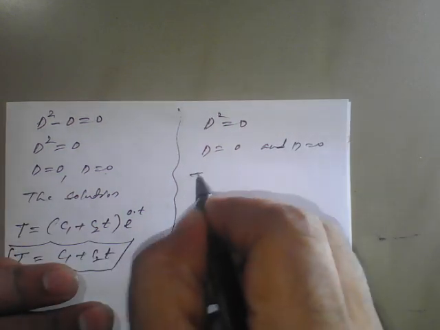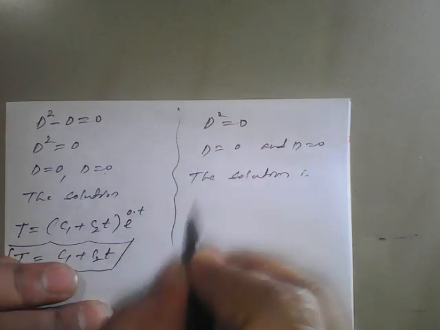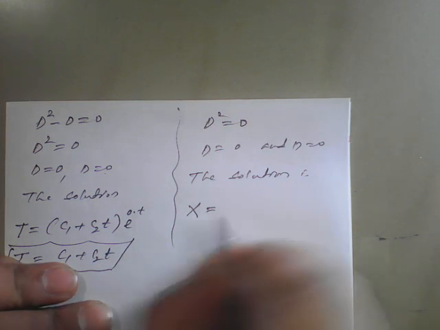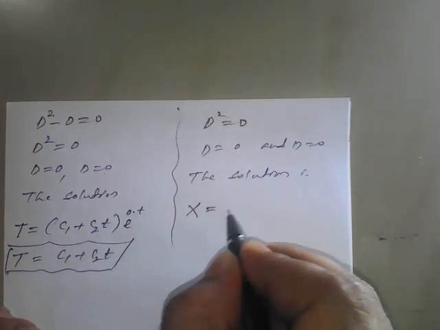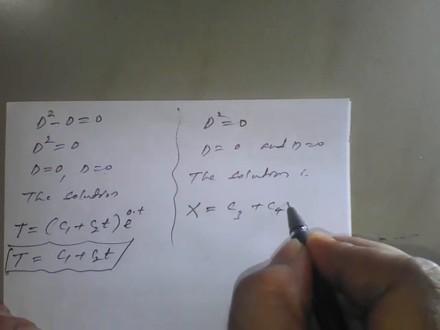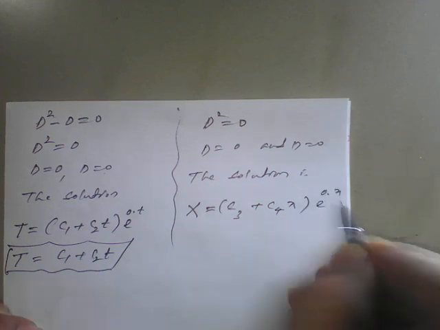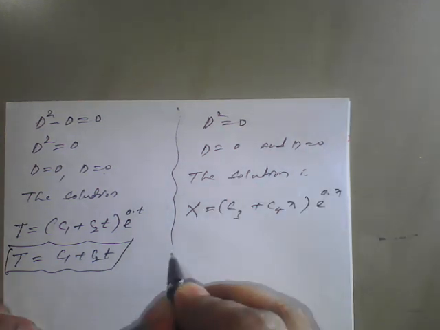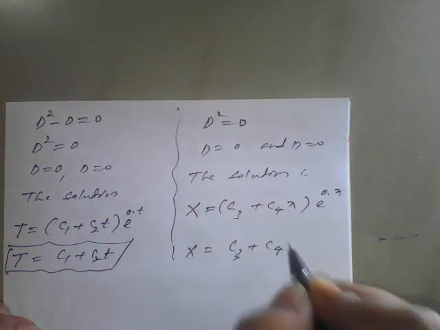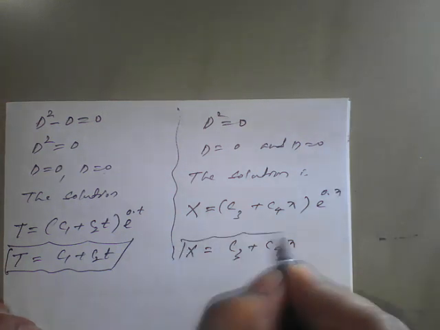So therefore the solution is, in terms of x, with c1 c2 already taken, I will take c3 plus c4, with respect to x means multiply x into e raised to 0 into x, because roots are 0. So finally capital X is equal to c3 plus c4x, e raised to 0 is 1, so this is the answer of x.